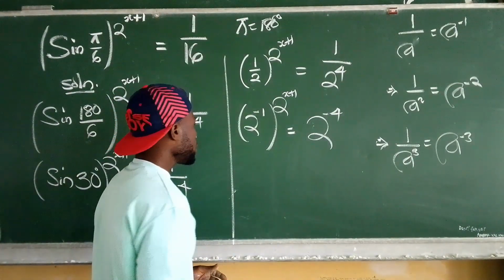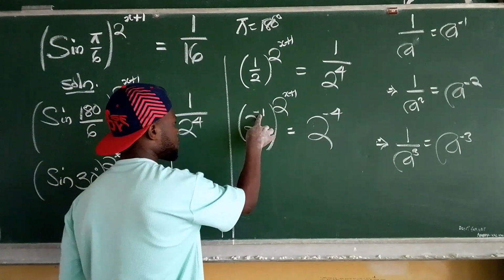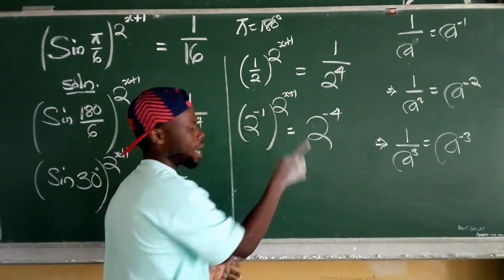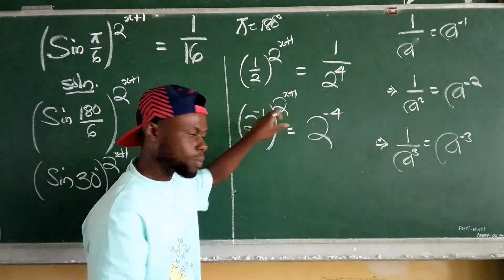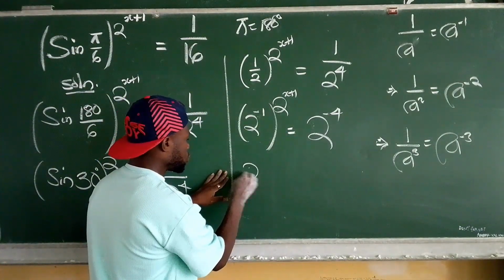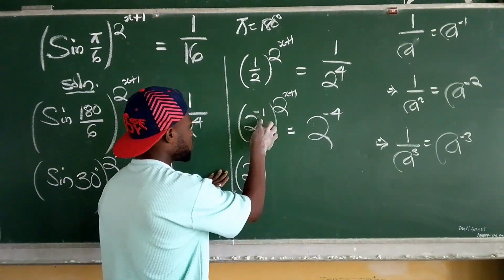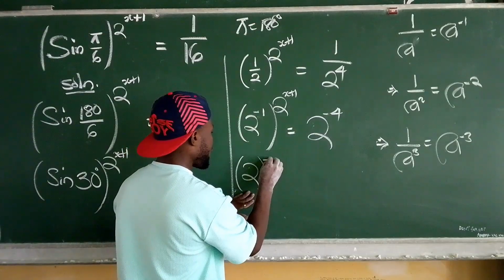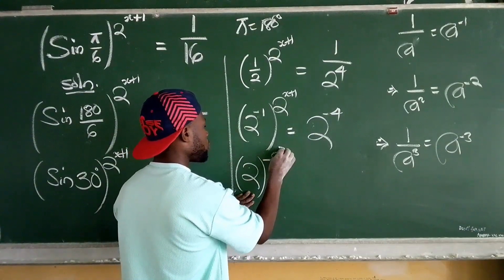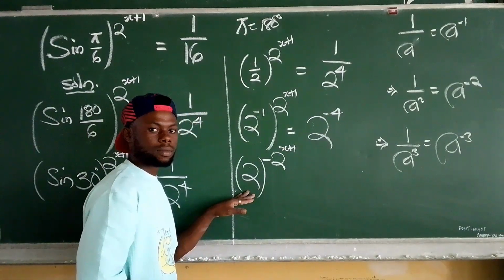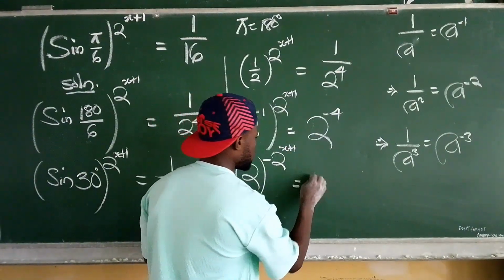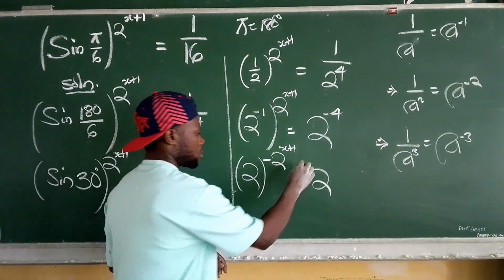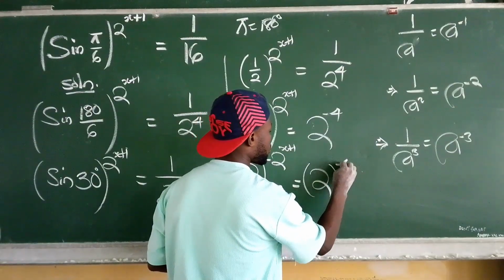So in the parentheses, let's multiply these powers together. Minus 1 times 2 gives minus 2, raised to the power of x plus 1, which is equal to 2 to the power of minus 4.